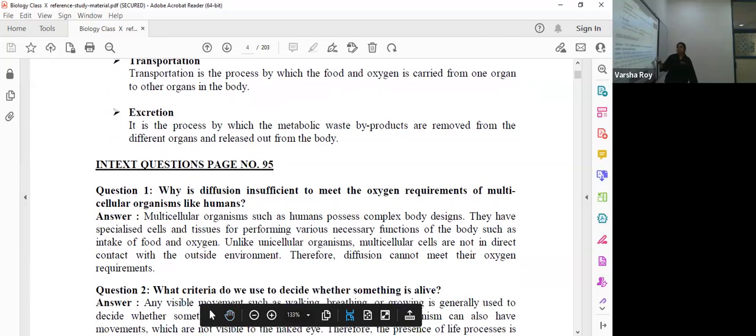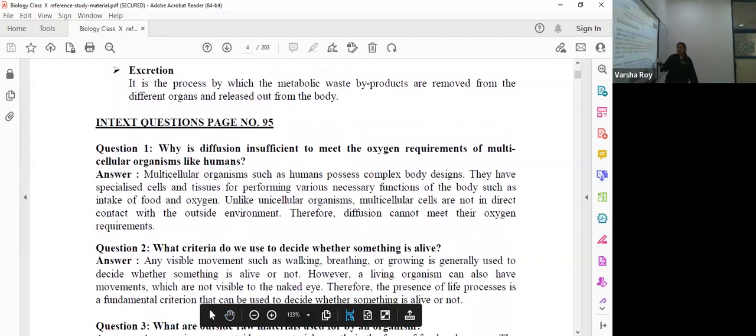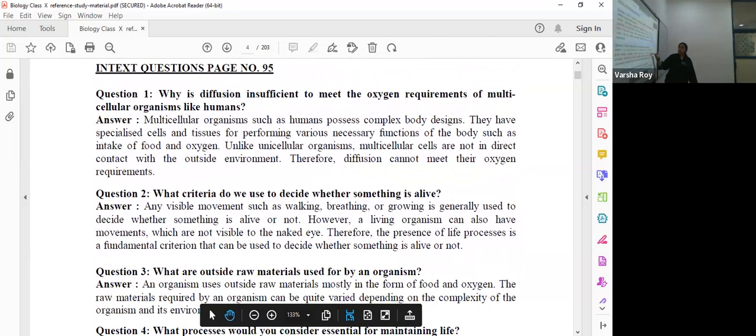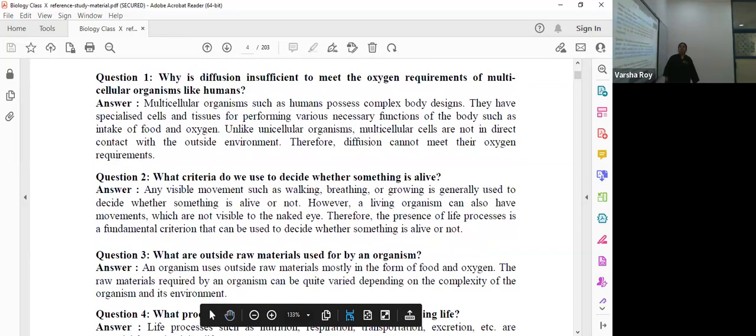There are a few questions, but this is one of the important ones: what criteria do we use to decide whether something is alive? So, the aliveness, how do we decide it? If the animal or the plant, any microbe, is able to do the basic life processes, then we say yes, they are alive.